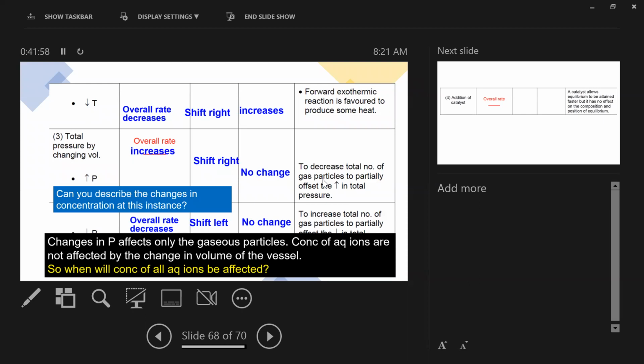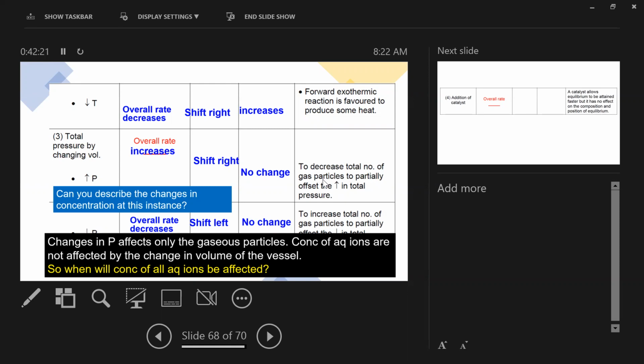So when will the concentration of aqueous ions be affected? If I change the volume of the vessel, it doesn't affect the concentration of the aqueous ions, right? So then when will it change? What kind of disturbance can I do to the system in order to change the concentration of all aqueous ions?